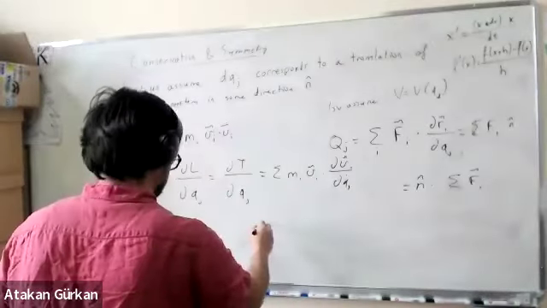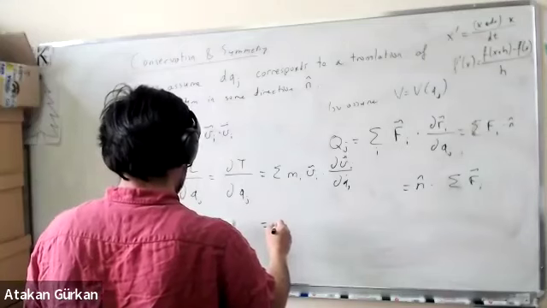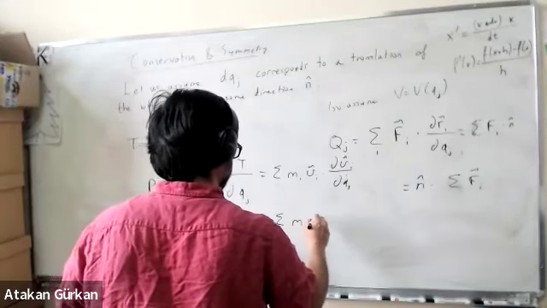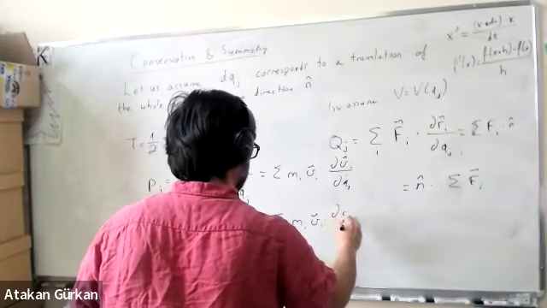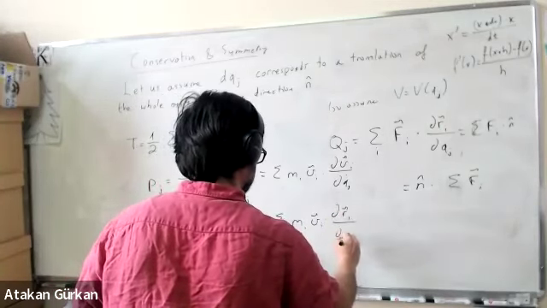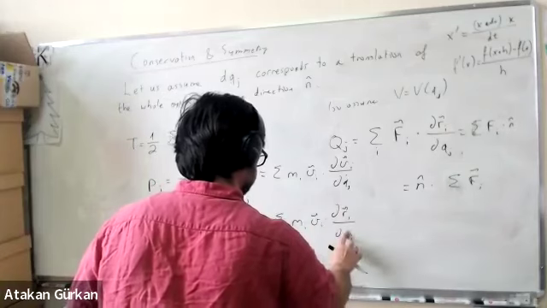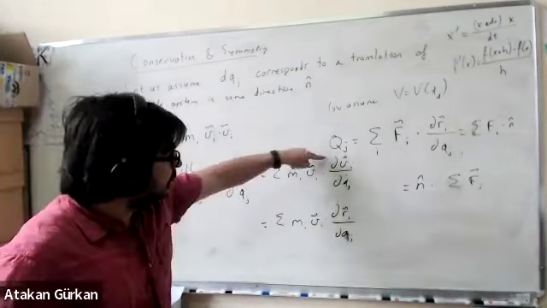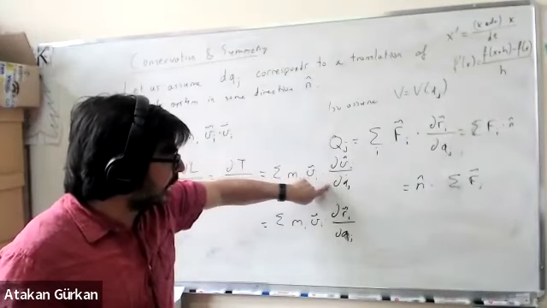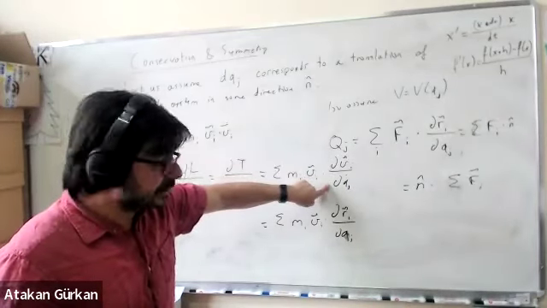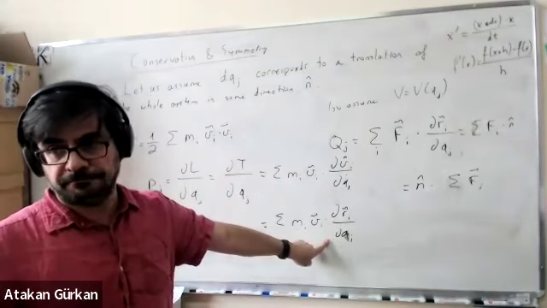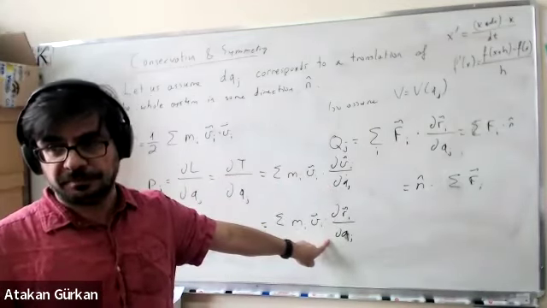Okay. And this one is sum m_i v_i dot del r_i by del q_j, without a dot. So this was the derivative of the velocity with respect to the time derivative of the coordinates. It is equal to the derivative of the positions with respect to coordinates. I think this was your homework, right?